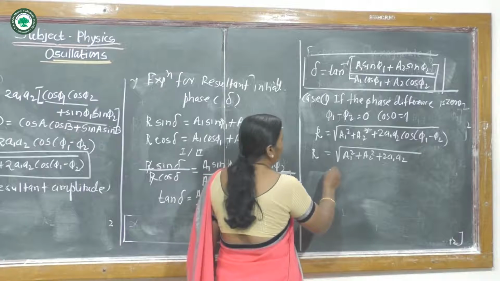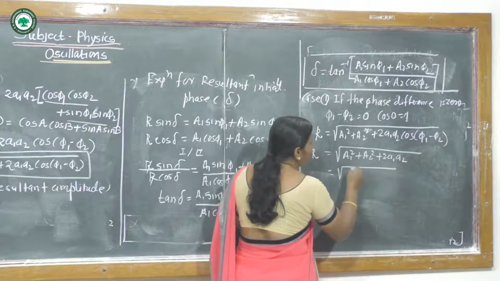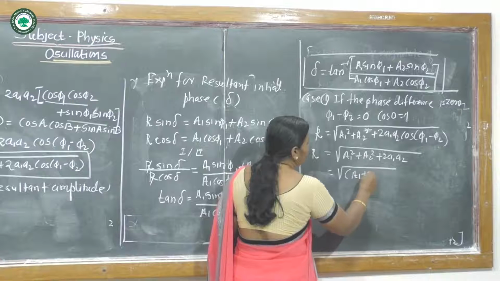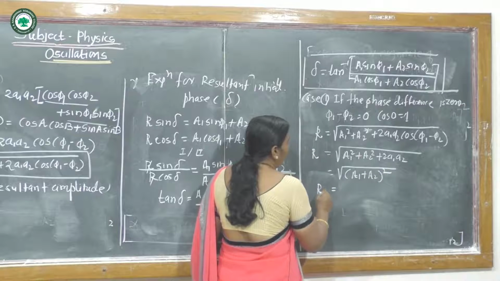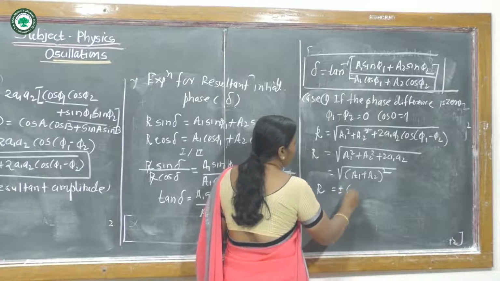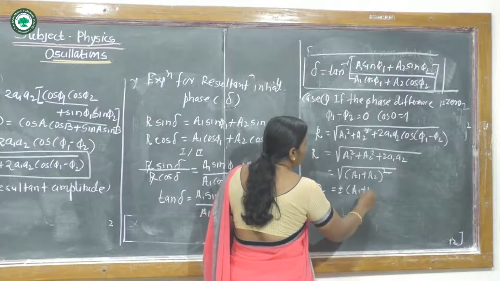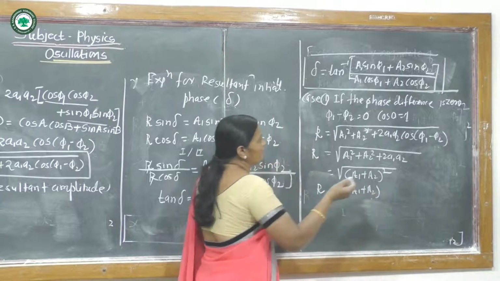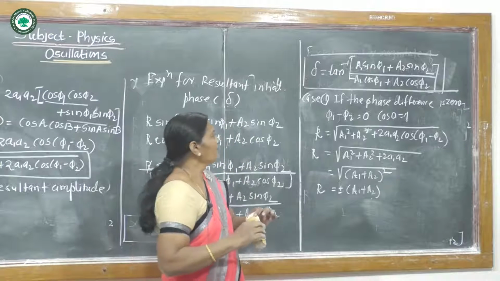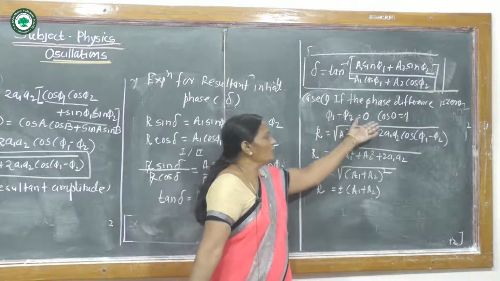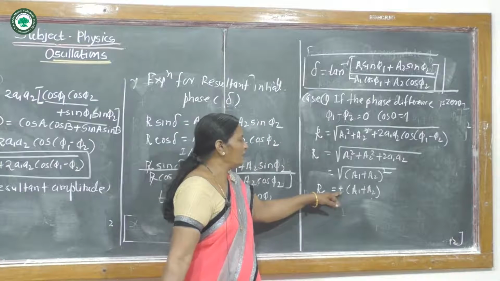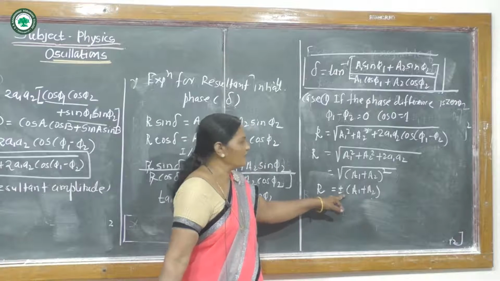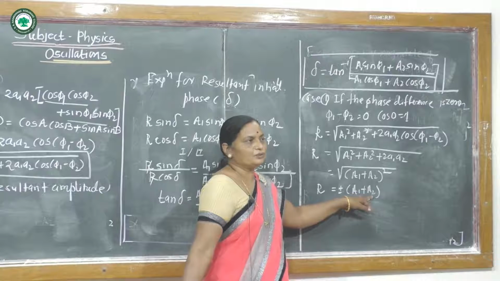It is the square of the term A1 plus A2, the bracket square, and we get R is equal to plus or minus A1 plus A2. So if the phase difference is 0, the resultant amplitude is equal to A1 plus A2.